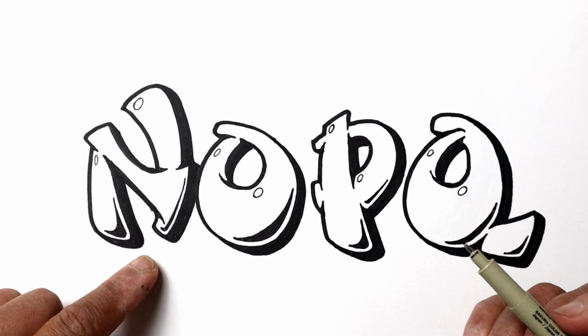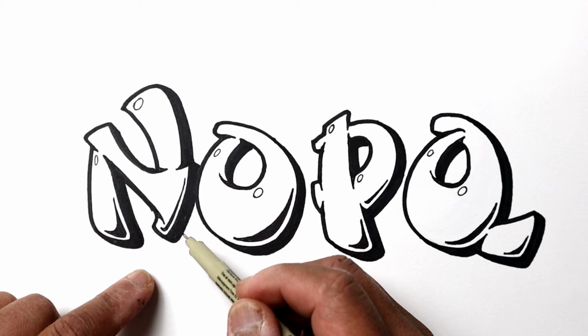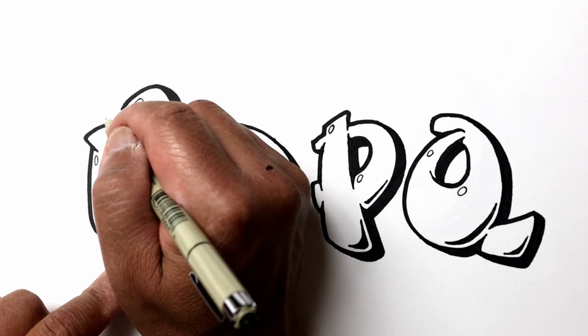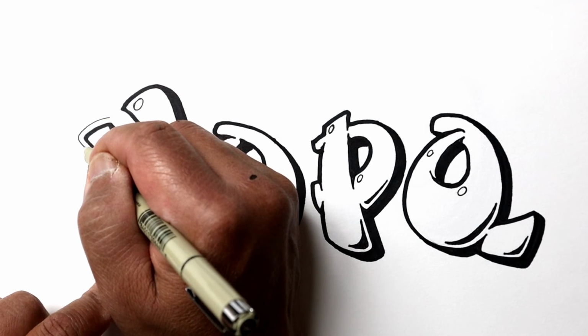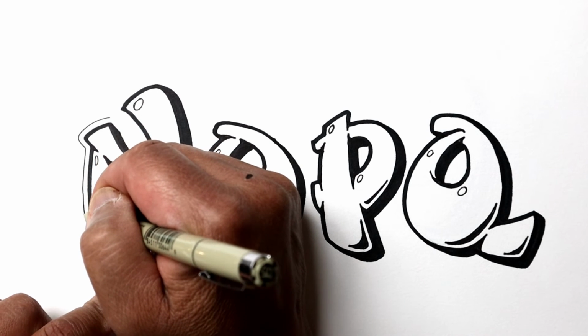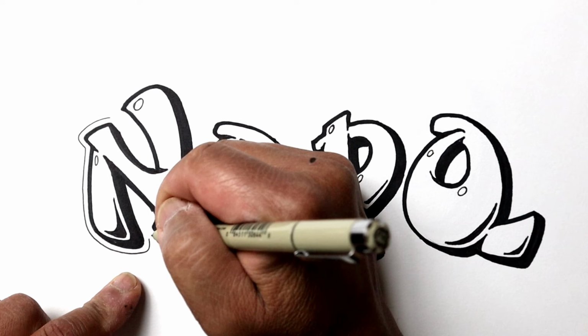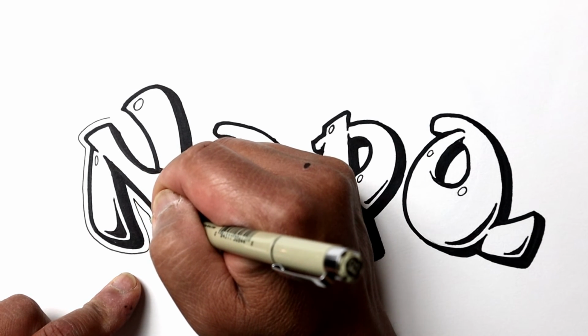Alright, so one final thing we're going to do here is outline every letter without overlapping the next letter's outline. And we're going to keep the distance away from the letter fairly consistent, but it still stays fairly close to the letter. And we'll just go all the way around. Go as far in as you can in spaces like here.